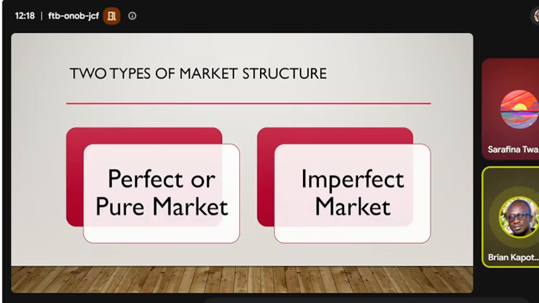So these are examples of what you see between a perfect or pure market and an imperfect one. And so the ideal one is the perfect market, but this does not exist in the real world. What we find in the real world is an imperfect market.